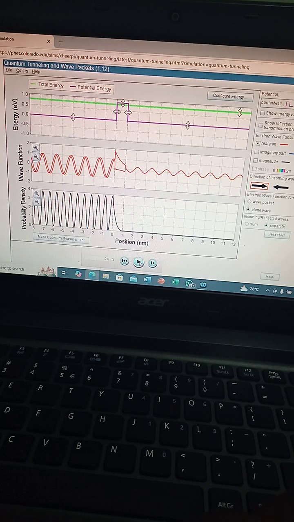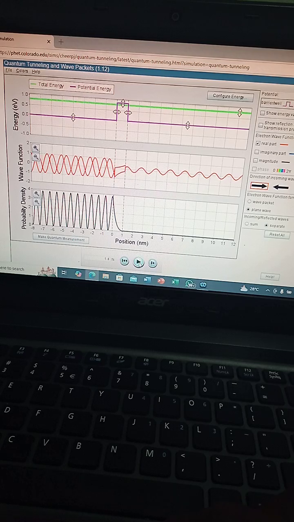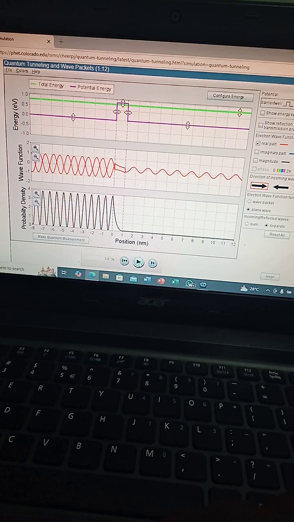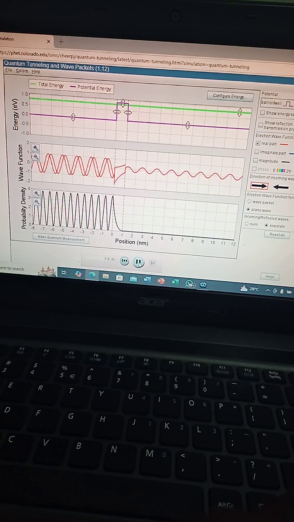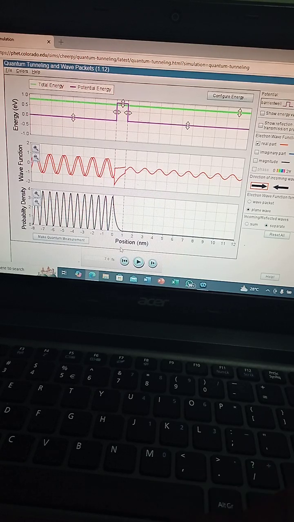When we move it the other way round, we observe that one of the wave functions exponentially increases, which represents one part of the solution of the second-order differential equation of the time-independent Schrodinger equation, which is exponential plus kx.